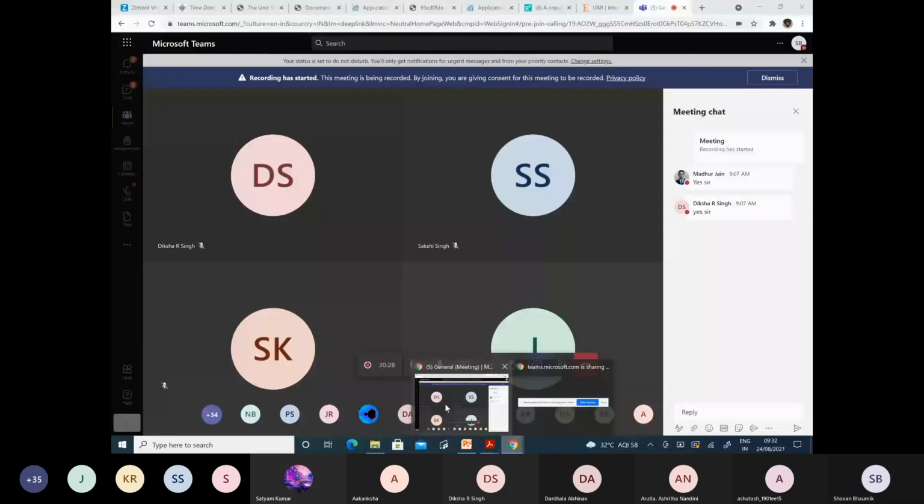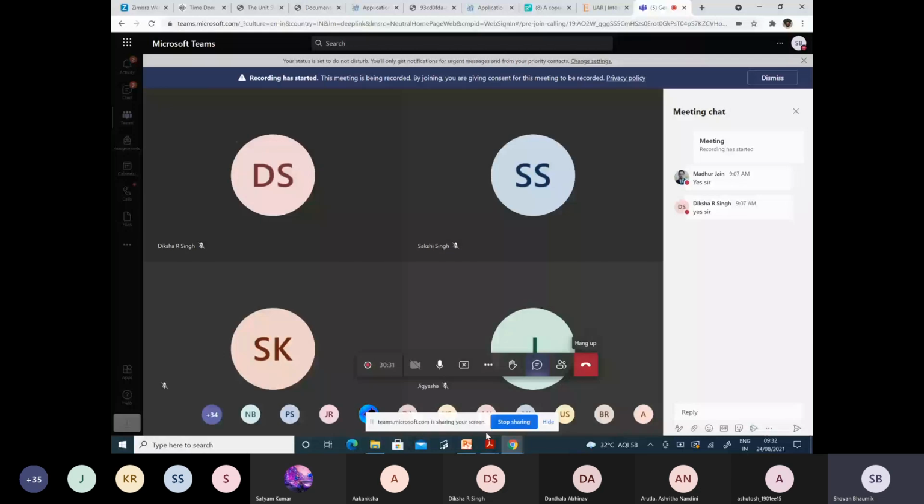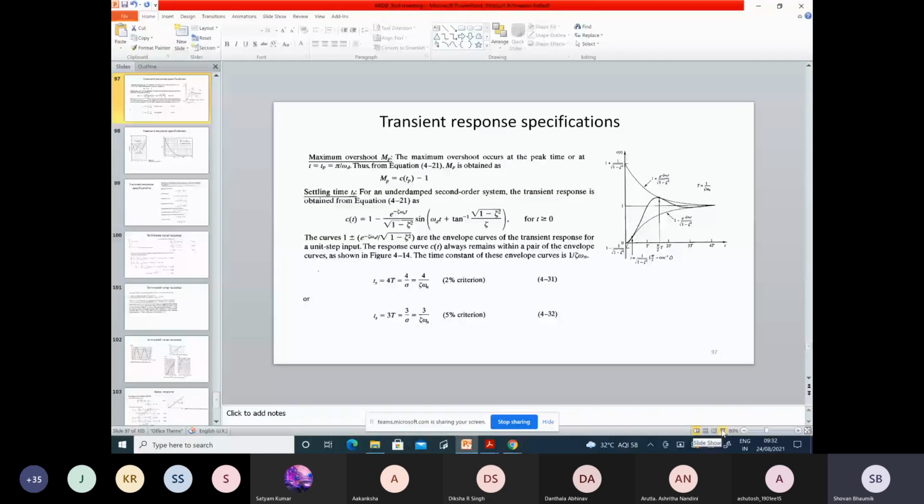Okay, fine. So now if you see the criteria I discussed, I tell you every time that if you know zeta and omega n, you can determine all these parameters.